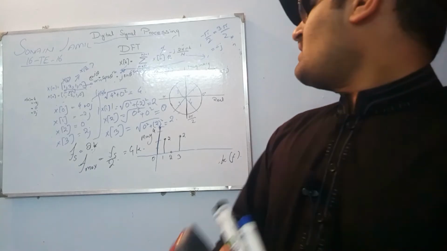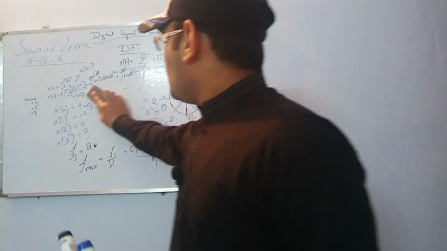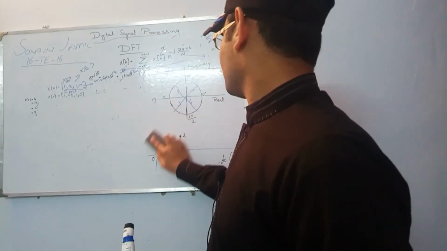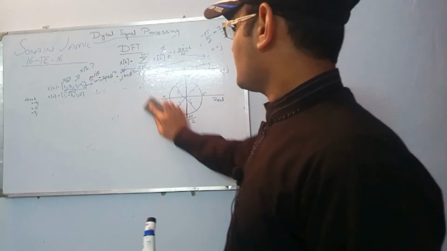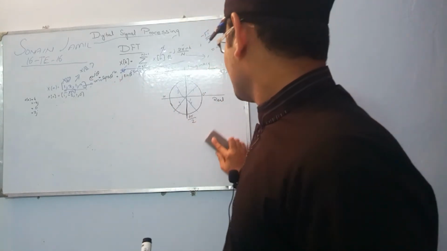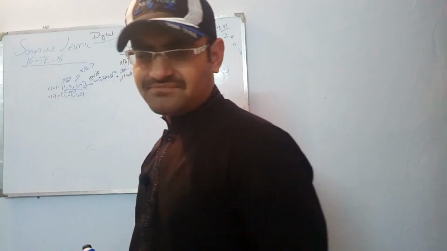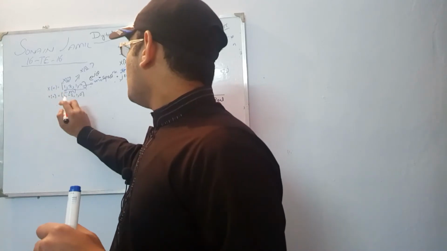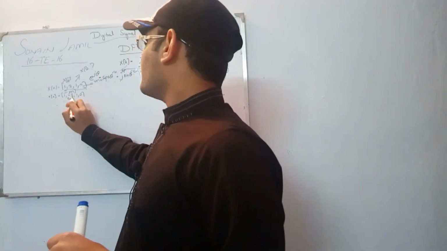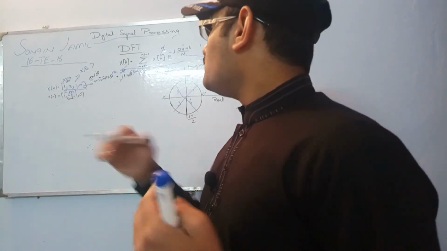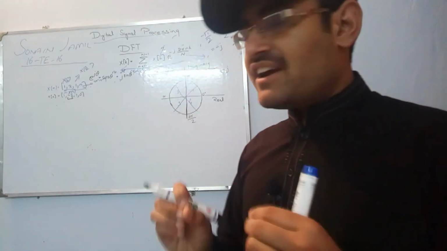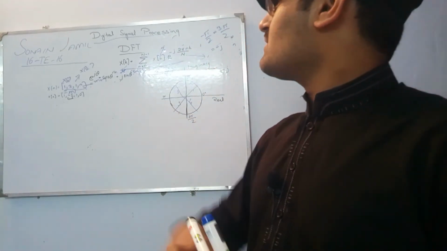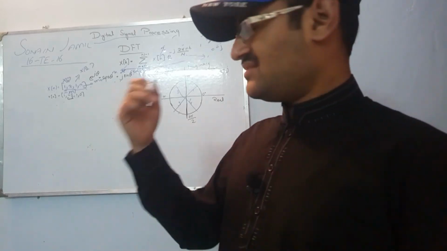So let me tell you another example of how we can convert a time domain signal into the frequency domain. I have the same example, but the only difference is this negative sign. Now I am going to tell you how this sign will affect the magnitude response of this signal.